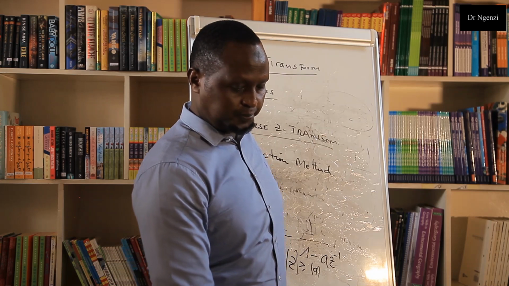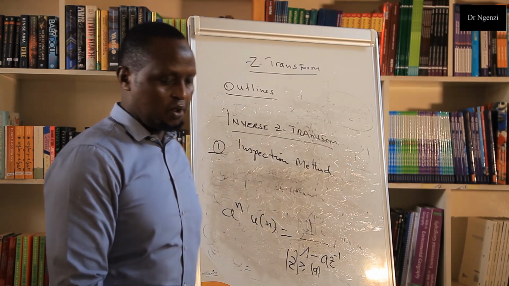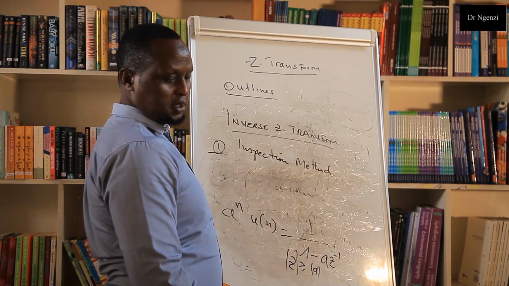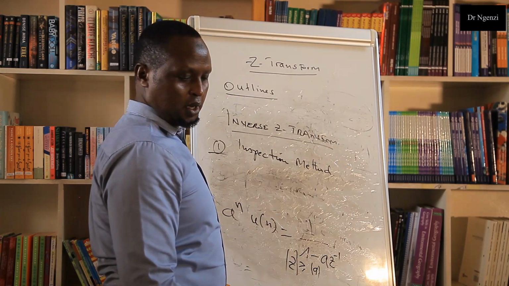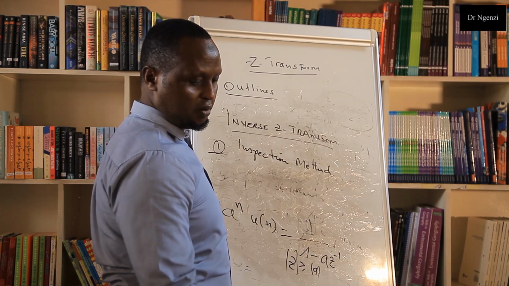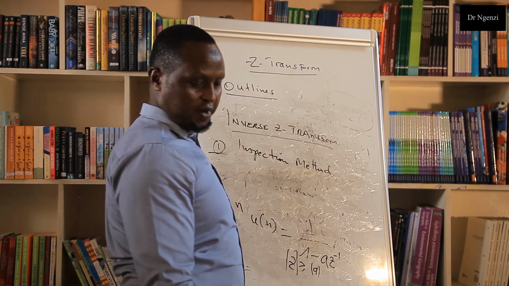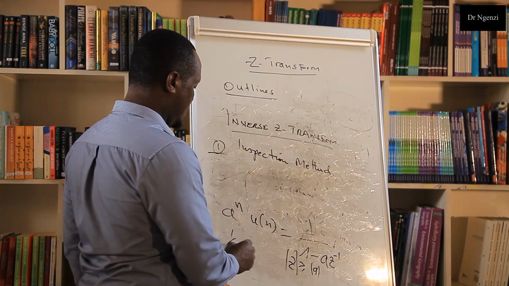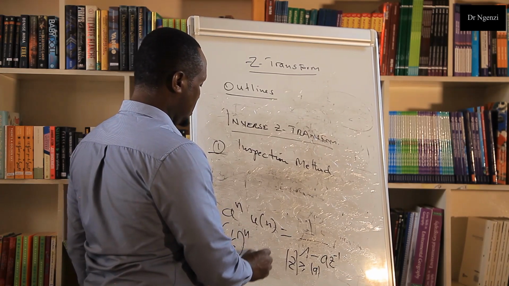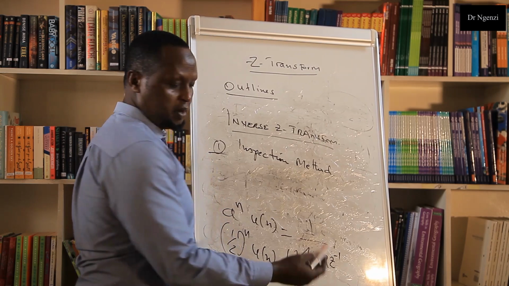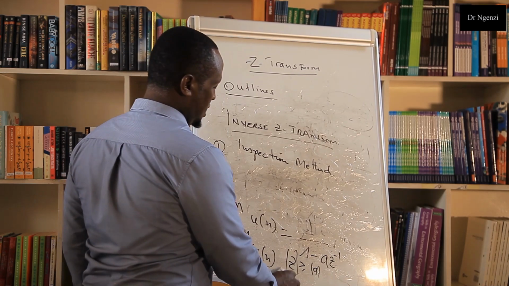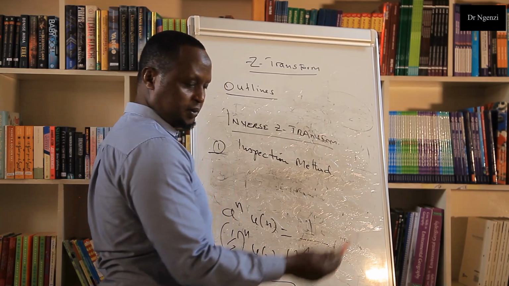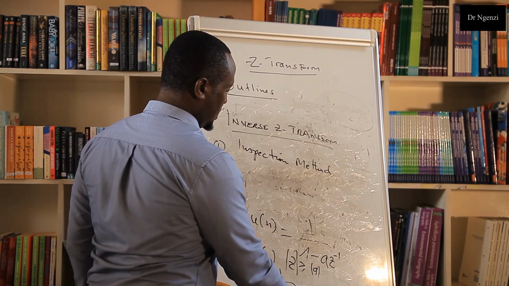Now, for example, here you will have to divide z by z all over to get the equivalent. You remember where we used to have a to the power n, u of n, it can also be seen that way, that is 1 over 1 minus half z to the power negative 1.